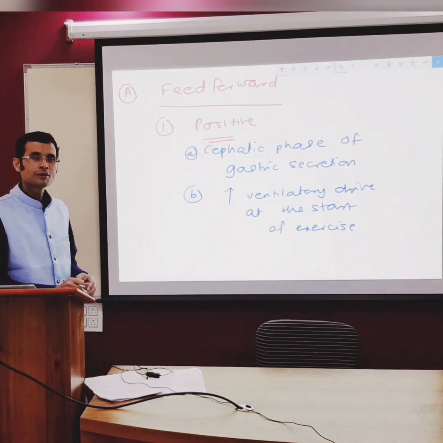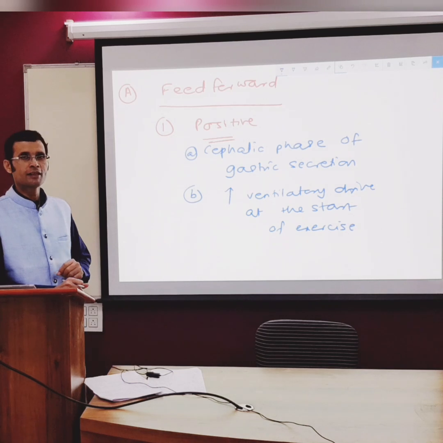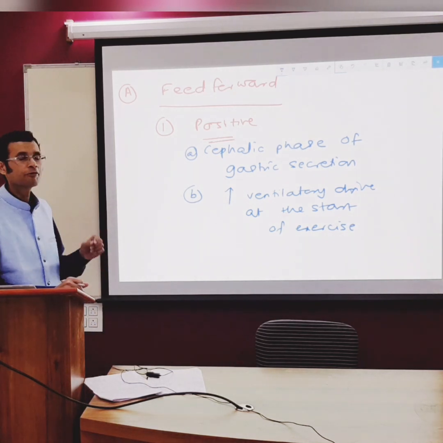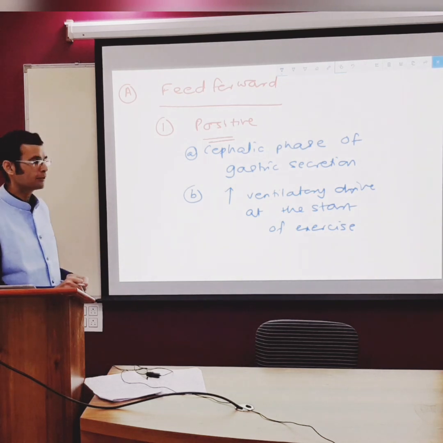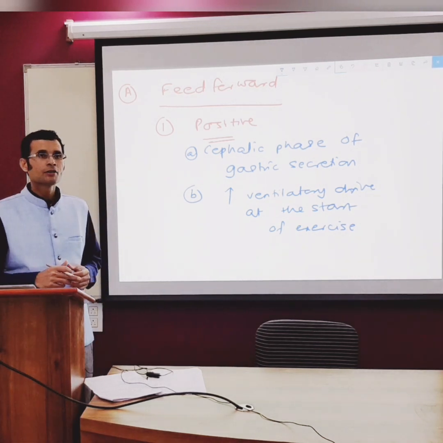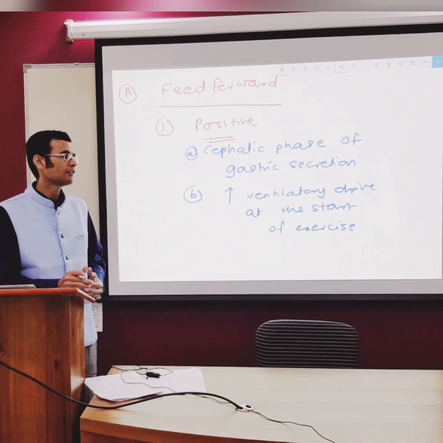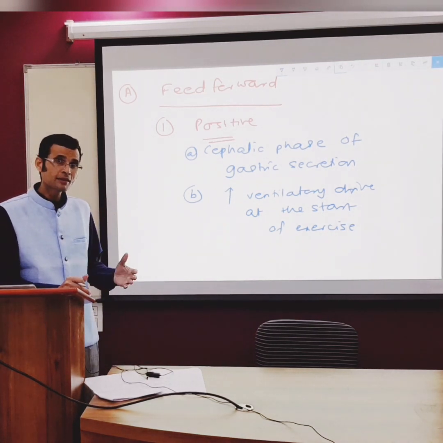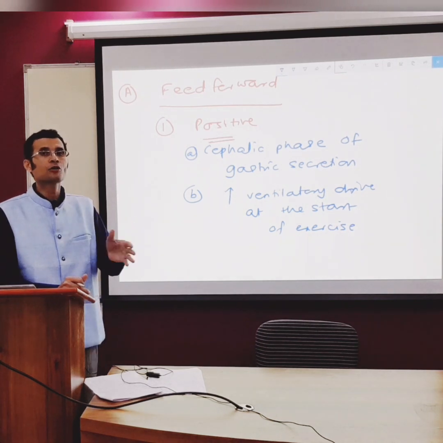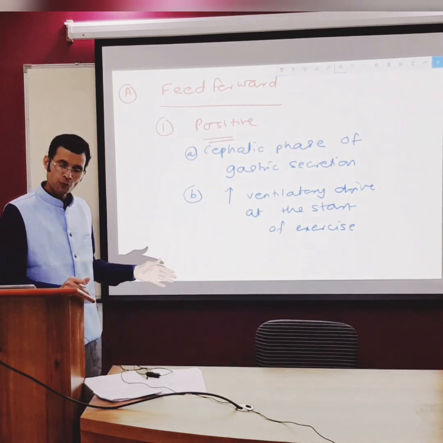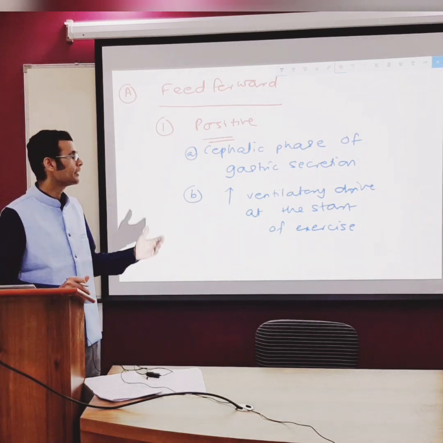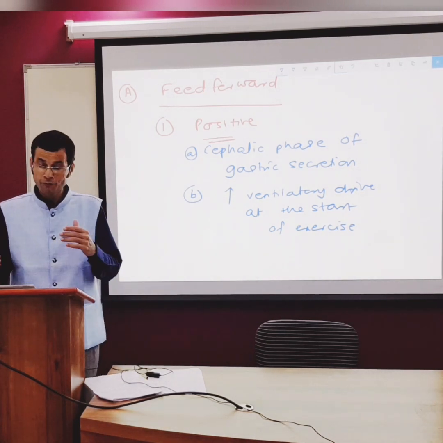How come just at the start of exercise the ventilatory drive increases? That's a feed forward, positive feed forward. That is, the controller anticipates that the exercise is starting, so the muscles will need extra oxygen, and therefore the controller immediately starts its action and ventilatory drive will be increased.